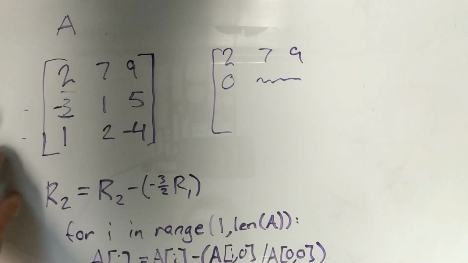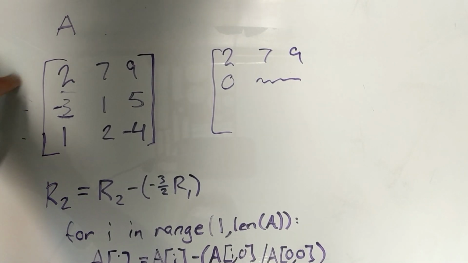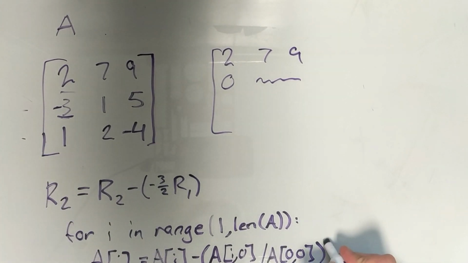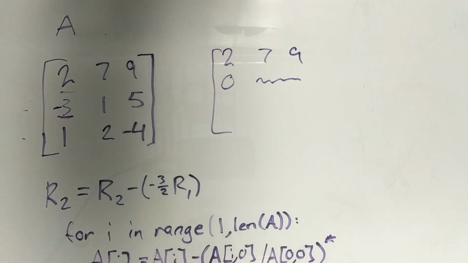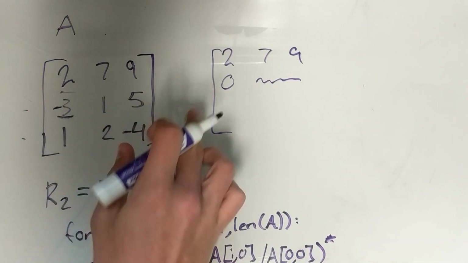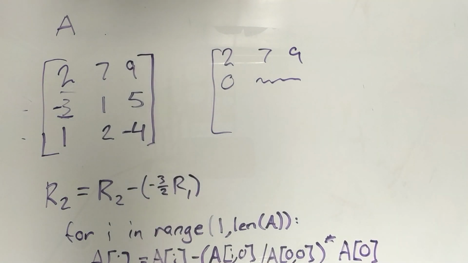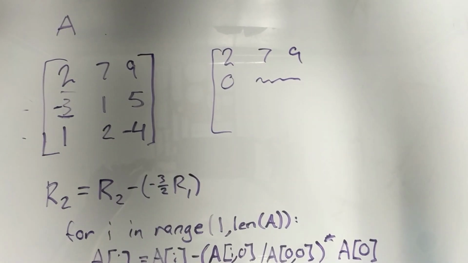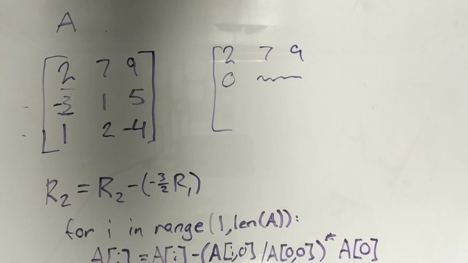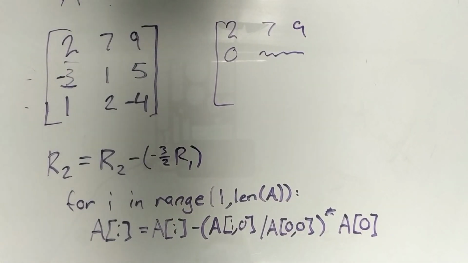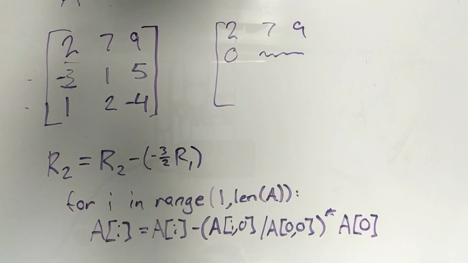Just like if we did the third row, it would be 1 divided by 2. And then we'll times that, because it's a scalar, by our first row, which will just be A at 0. And so that will be basically everything for problem 2. And so pause it here if you need to write that down.